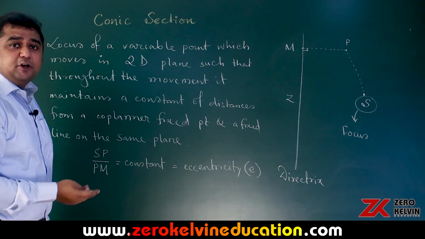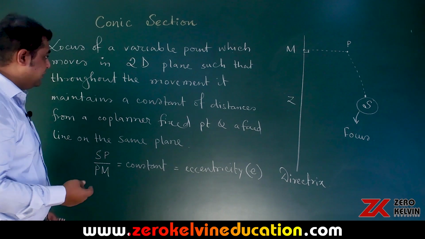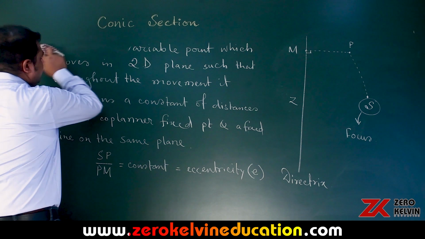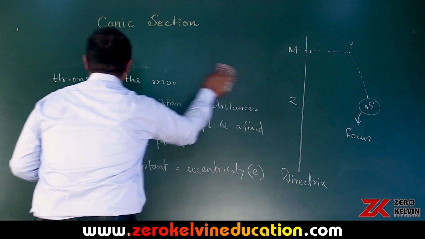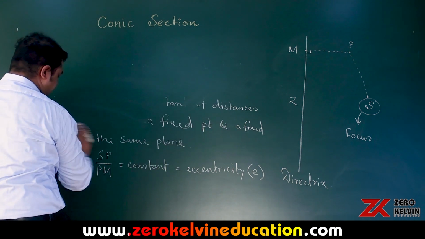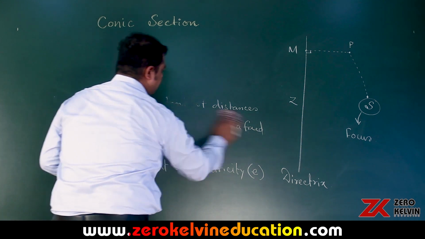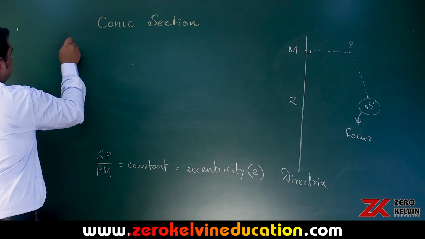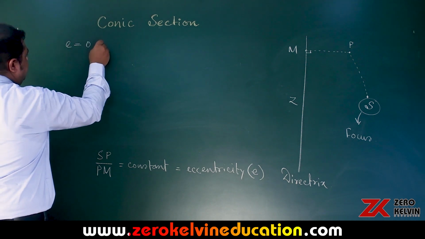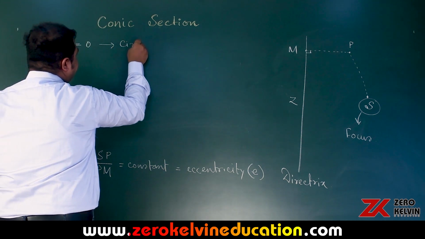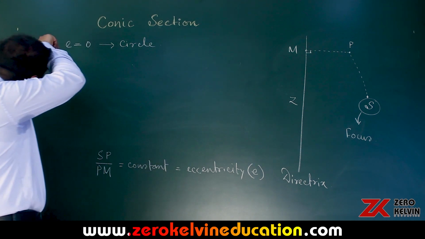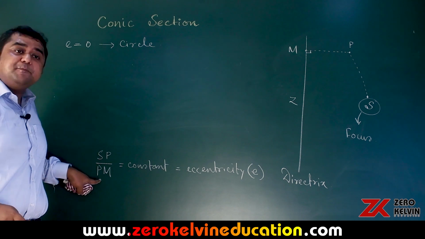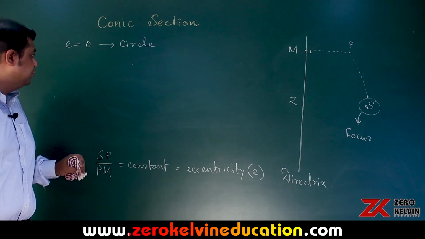Now, different values of eccentricity can give us different types of locus as the conic section. Like if we get to the different variations, eccentricity 0 gives us a circle. Now, how can we have this circle? For that we can consider SP by PM is 0, which can happen in two ways.